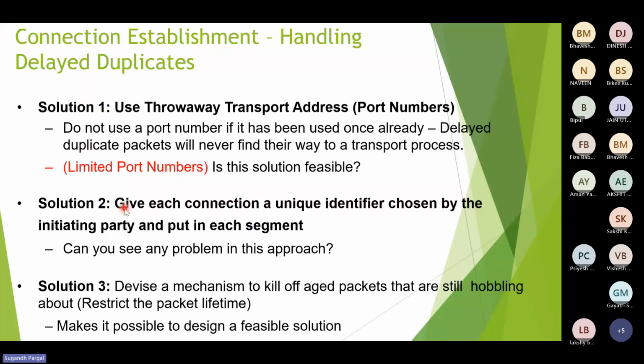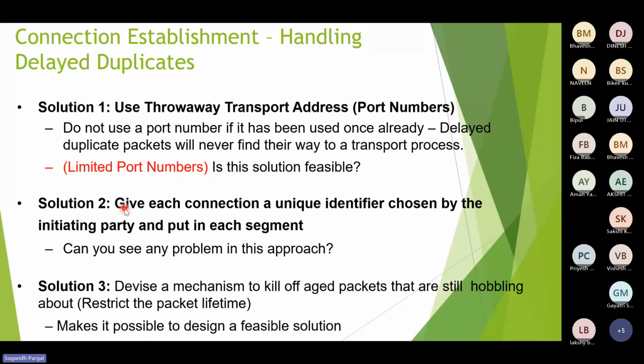The first solution is to use a throwaway transport address, that is, multiple port numbers. We might send one connection request with the first port number, and then send another connection request with another port number, say 7180 and 7190.